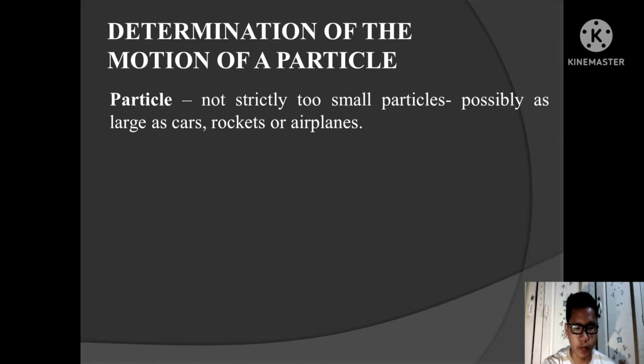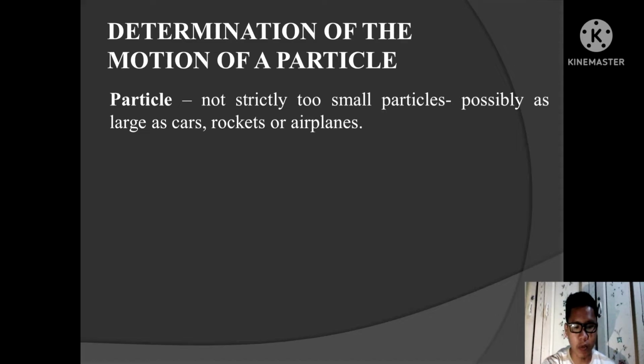So we do not know whether the particle is described as small or large. For example, the earth. We do not know if small particles or large particles are contained in it.